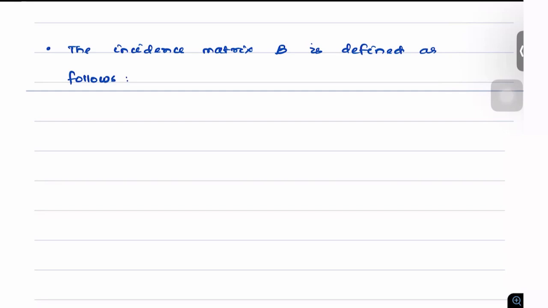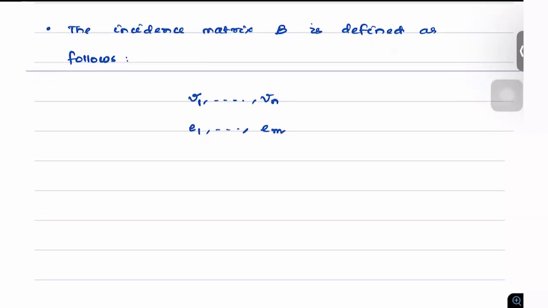We already have an indexing of the vertices, say V1 to Vn. What we now do is we also index all of the edges in the network, E1 to Em. Then we construct the incidence matrix in this manner.